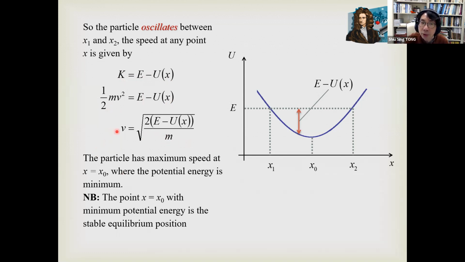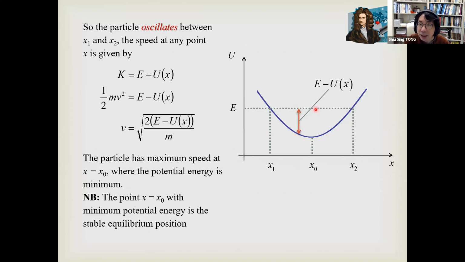Now you can see the velocity of the object depends on the square root of E minus U. E is this horizontal line, the total energy, and U is this curve, right? So E minus U is what? It is the distance between the horizontal line and the potential energy curve.